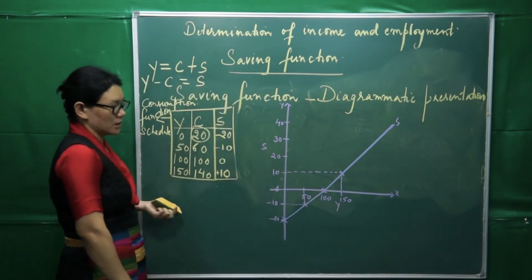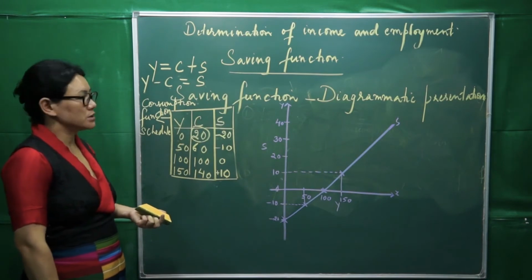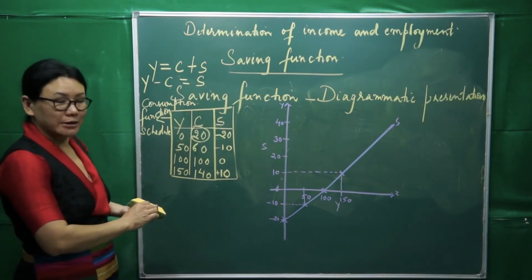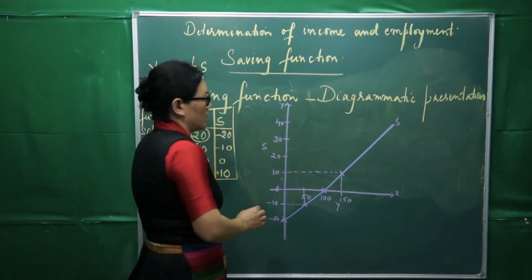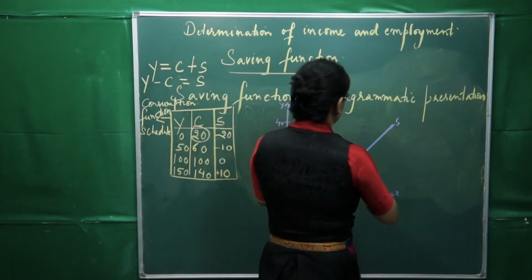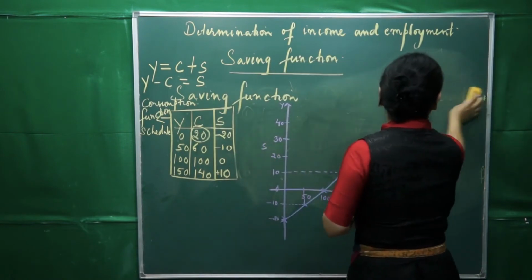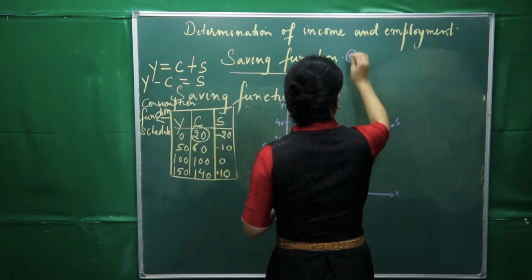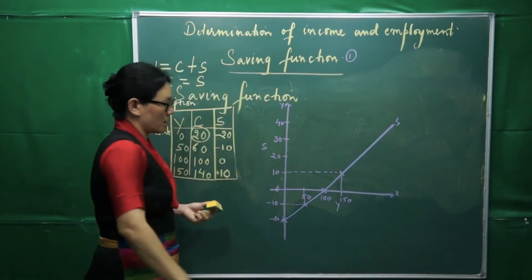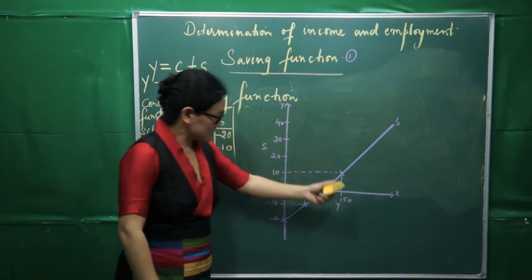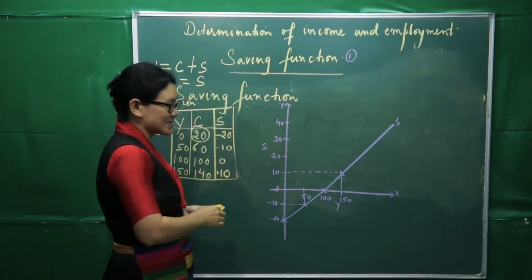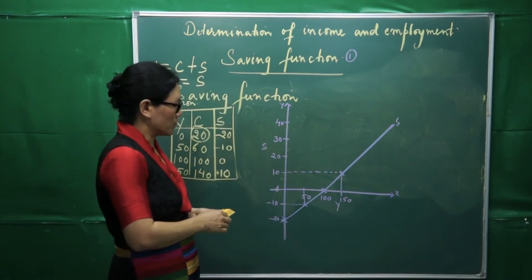Okay. Now we will go for the description of this diagram. So the first description is on the OX axis, Y is represented and on the OY axis saving is shown. All right.